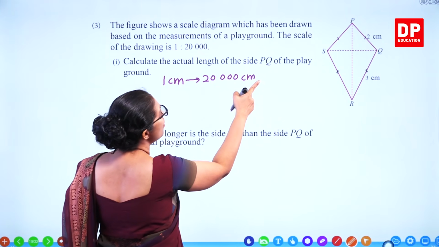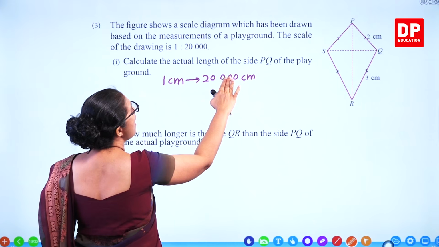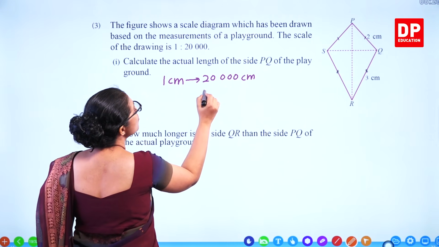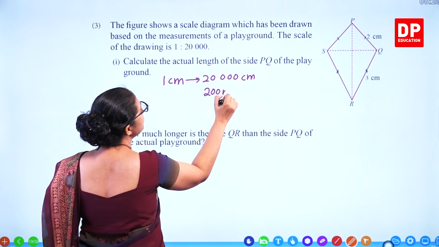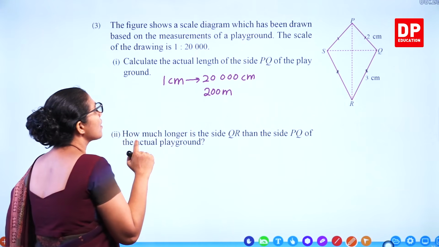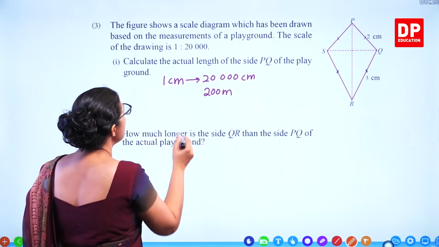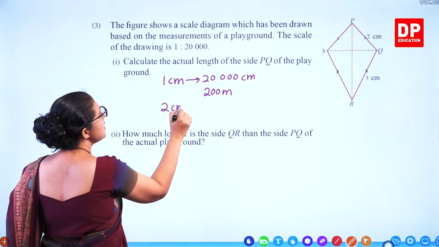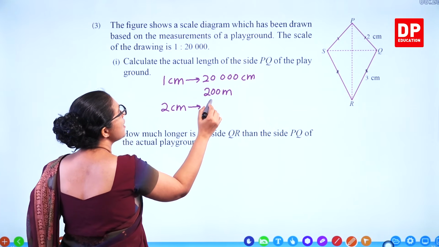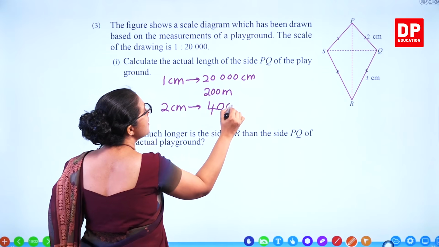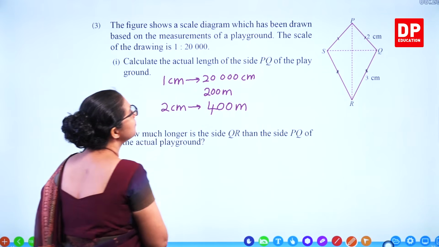Convert to meters. Divide by 100. That's 200 meters. Now, you need PQ means 2 centimeters. What's 2 centimeter length represent? Multiply by 2. 400 meters.